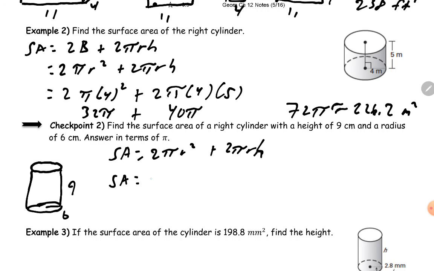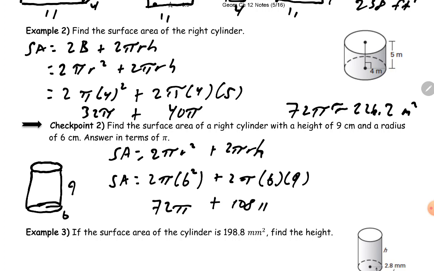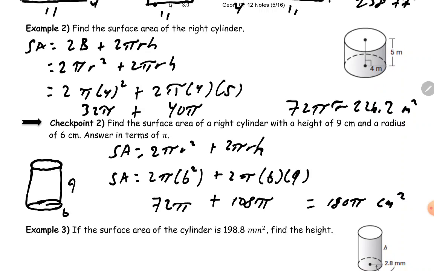So surface area is equal to 2 pi times 6 squared plus 2 pi times 6 times 9. So I'm going to get 72 pi plus 108 pi, which is 180 pi. You would use your calculator at this point, but I'm going to go ahead and say 180 pi square centimeters.